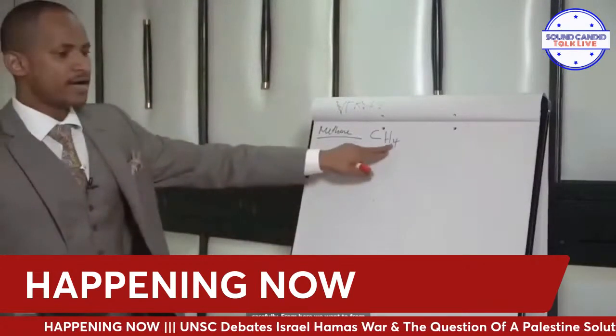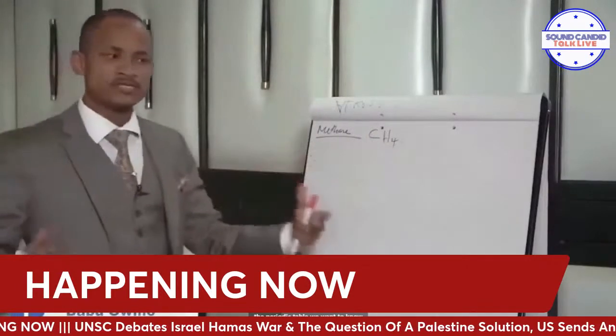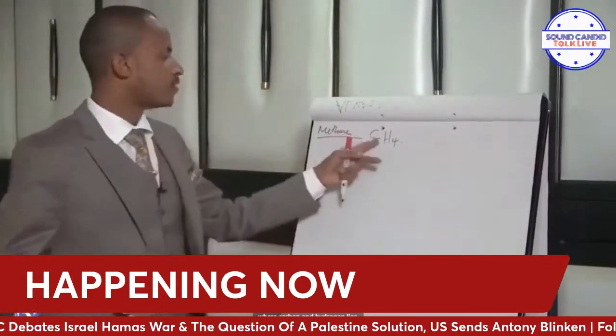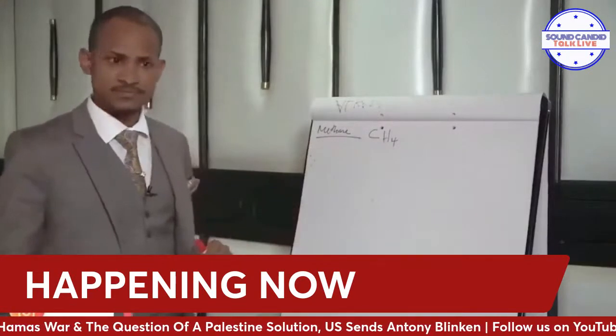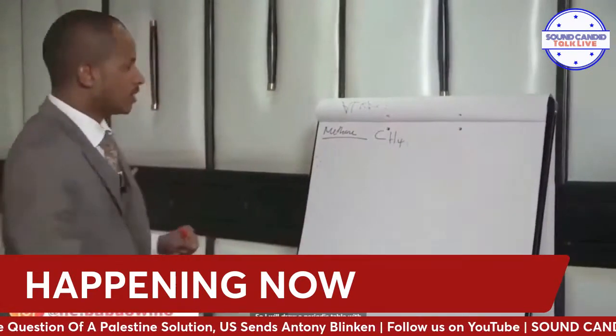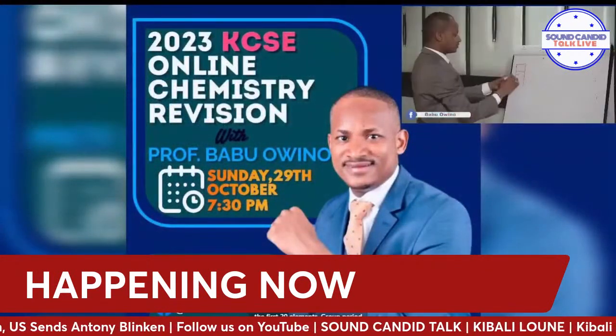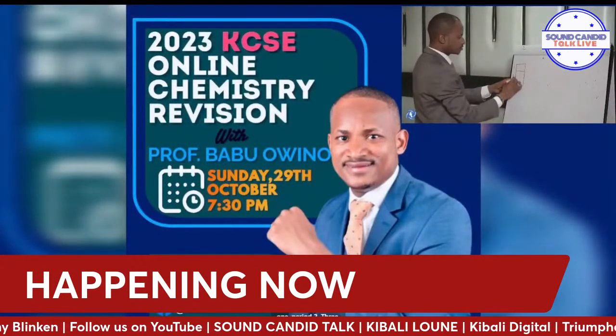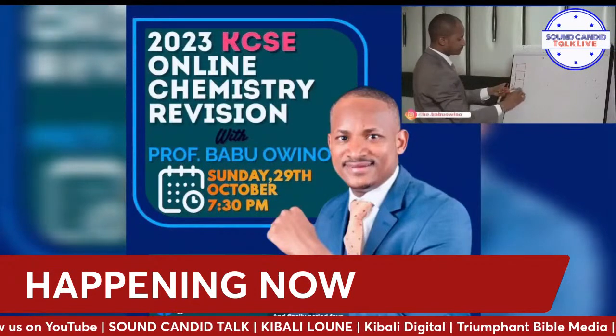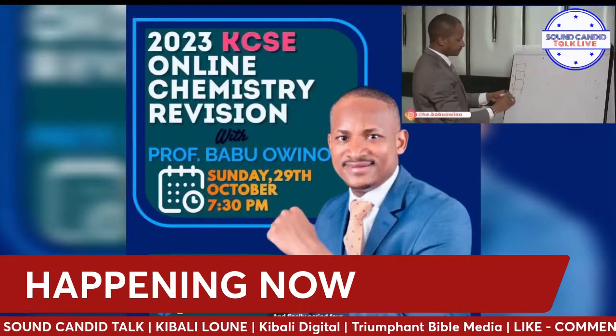From here, I want you to be attentive, class, and listen carefully. From the periodic table, we want to know where carbon and hydrogen lie. So I will draw a periodic table with the first 20 elements: period 1, period 2, period 3, and finally period 4.